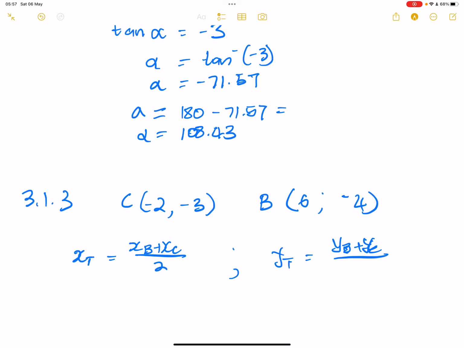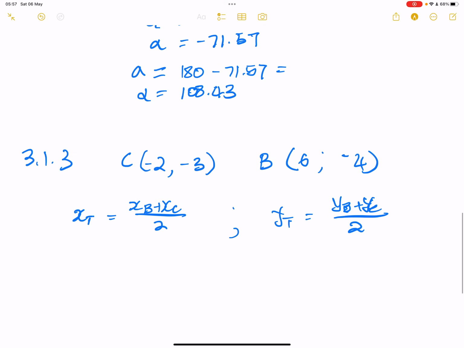It wouldn't matter if I started with B or C. So for x, 6 minus 2 is 4, divided by 2 gives us 2.